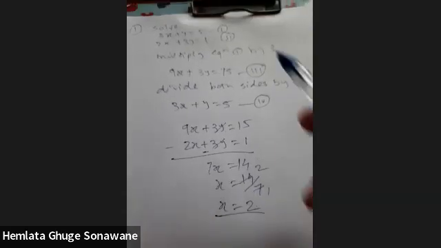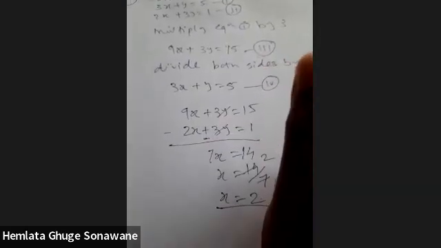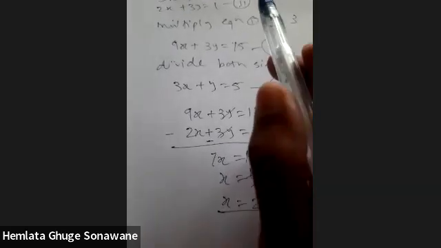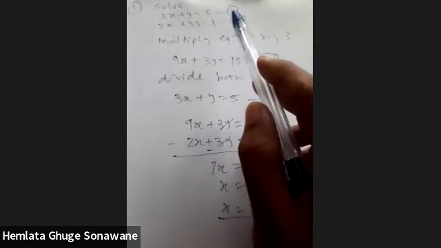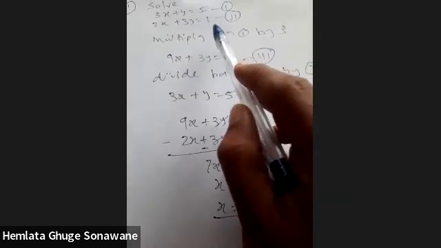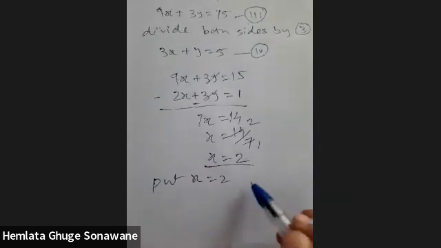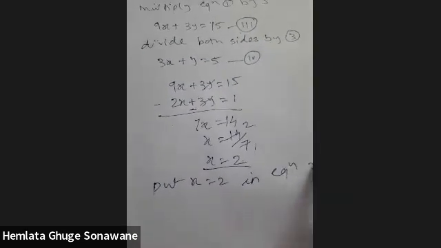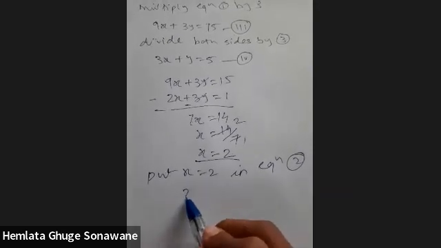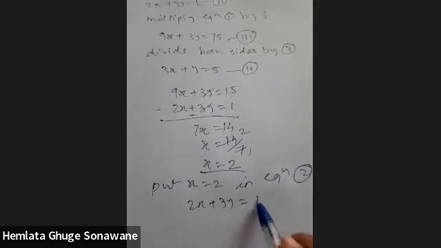Now we'll put this value into any of the equations so that we will get the value of y. Suppose we'll put this value into equation number 2. Put x is equal to 2 in equation number 2. 2x plus 3y is equal to 1.